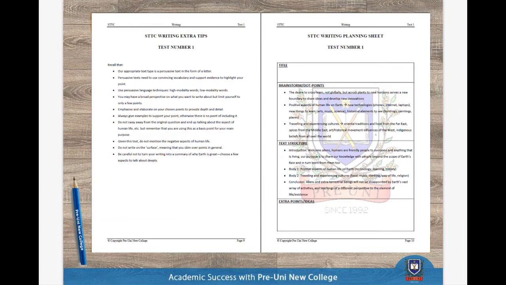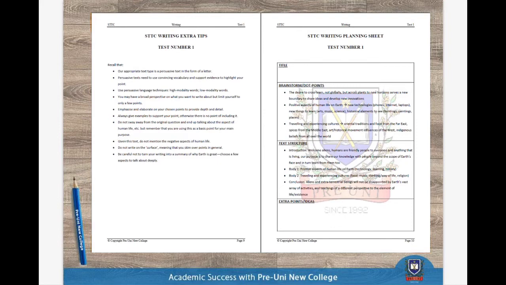So now that we've gone through the stimulus together and indicated what we should talk about or what we should look out for, think of, as well as going through a bad example and a good example, we will be attempting to write a response to this question by ourselves. So what we've got here is some tips for this specific writing task. Some of them also apply to other genres, but this is more catered towards test 1.